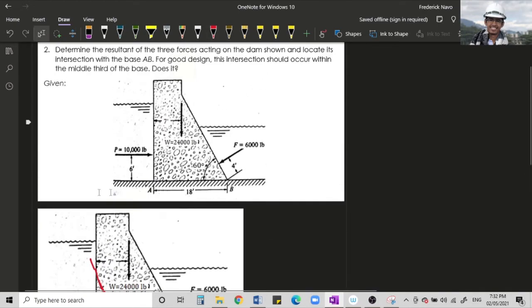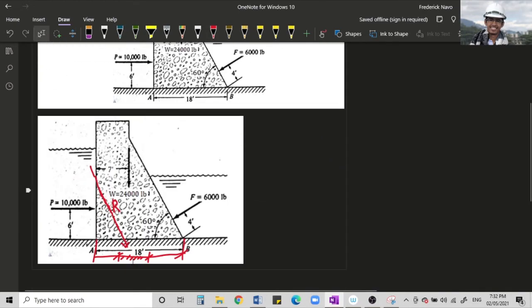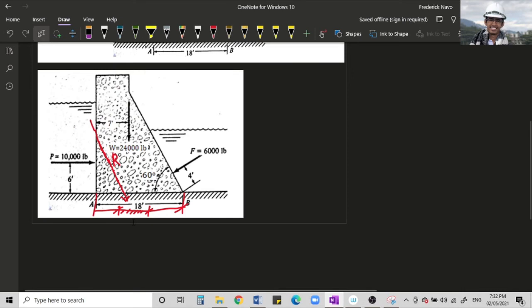Okay, so kunin natin yung resultant and yung distance ng resultant from point A. Okay, so ganun ang gawin natin. So from point A na lang, so dito, no? So yung resultant natin, distance niya dito, so let's say that is x. Okay, so solve muna natin. So pag non-concurrent and non-parallel, so magkakaroon tayo dito ng Rx and Ry.